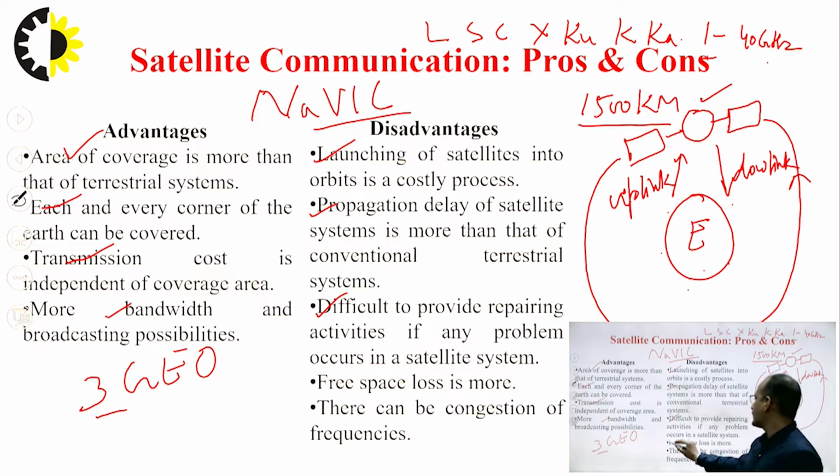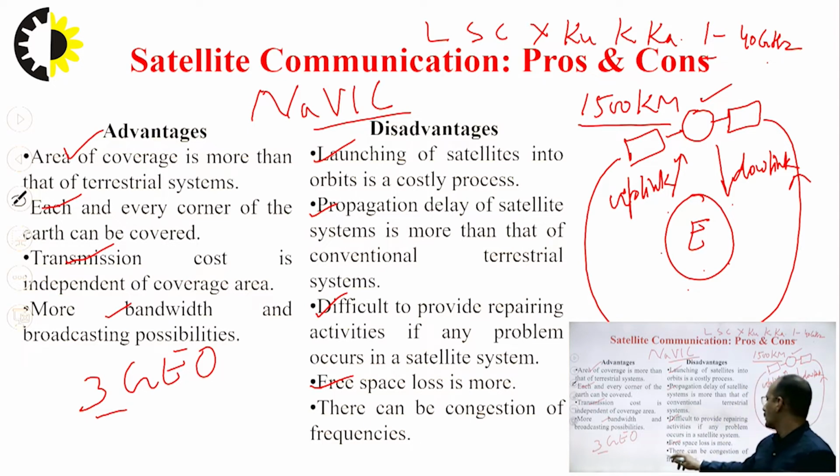Then free space loss is more. That is also a point. That's why we design the uplink and downlink frequency as per the free space losses, because as per the earth atmosphere layers, as you increase the altitude, the free space loss is also increasing.